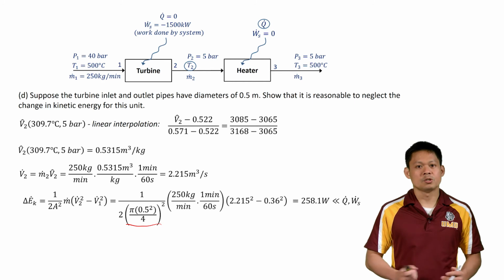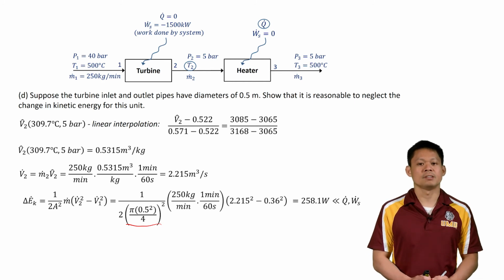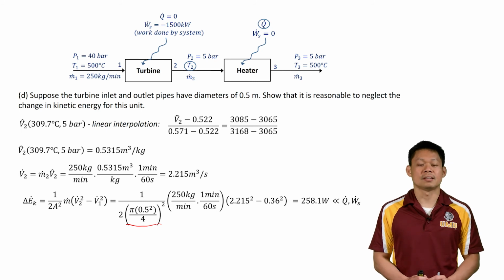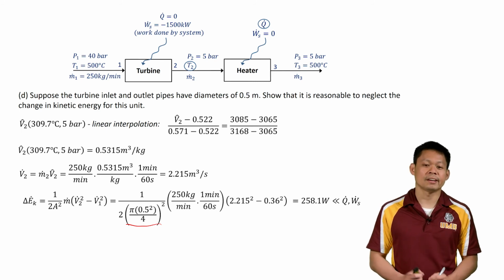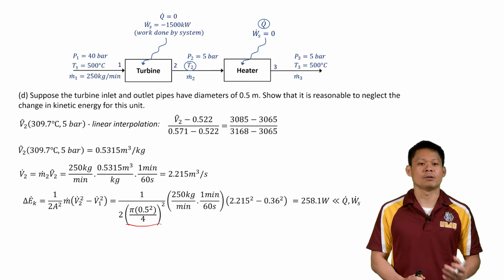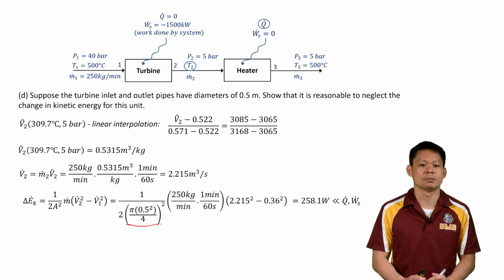In kilowatts, it will be 0.258 kilowatts. If you recall, our Q and our WS are on the order of 1,000 kilowatts. So we're looking at an order of magnitude about 4 to 5 smaller than our Q and WS. And that's why you can see our kinetic energy term is actually negligible, and we can choose to neglect that because it's so much smaller than the rest of our other terms.